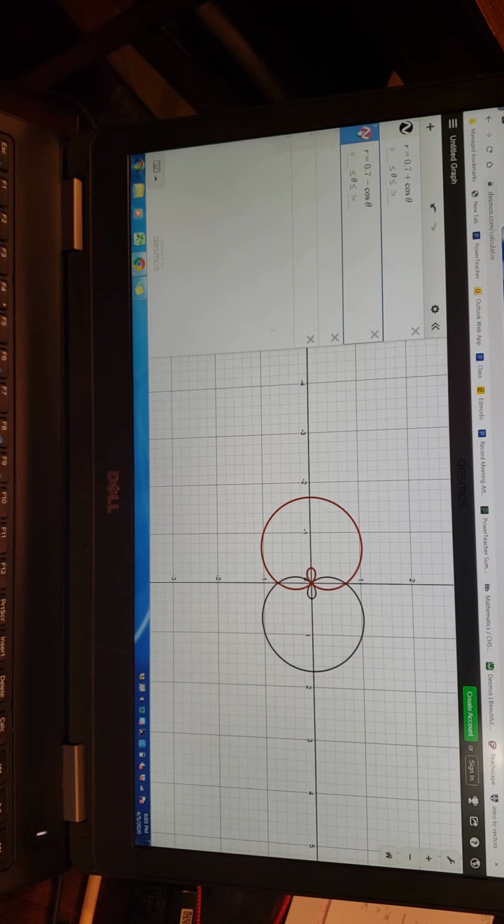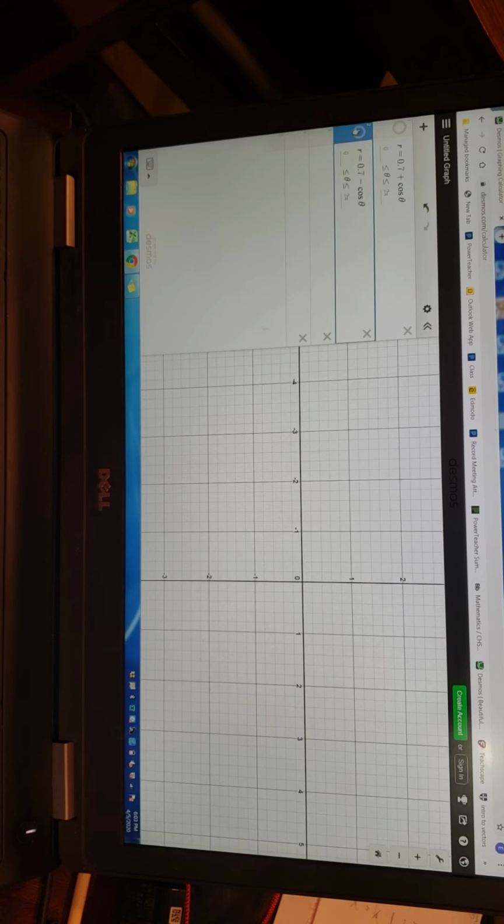Think about cosine. Cosine is the x-coordinate. This is a positive cosine. Look at where your limaçon is opening. It's opening to the right on the x-axis. Now, let's look at when cosine is negative. Cosine, x-coordinate, right?